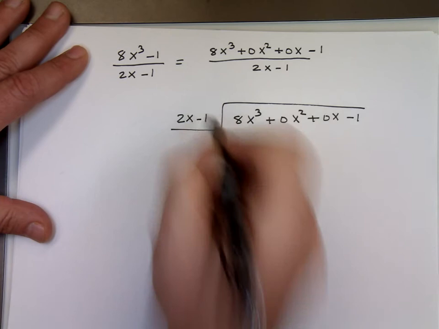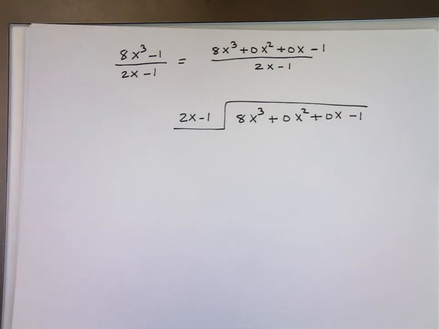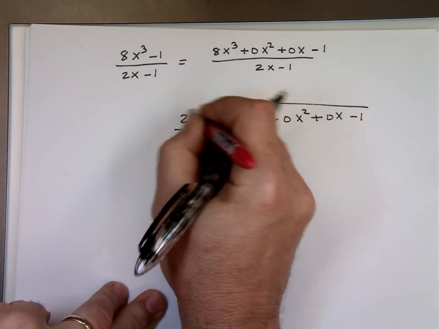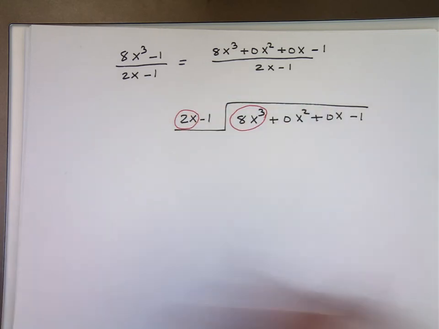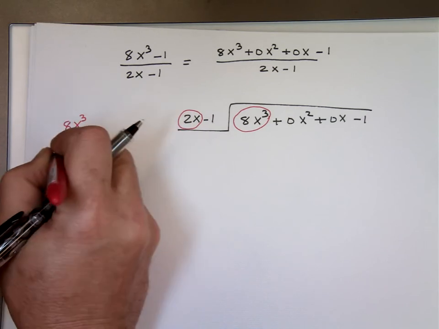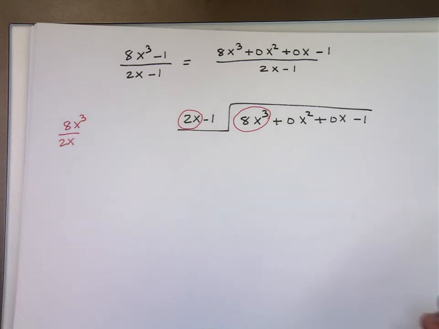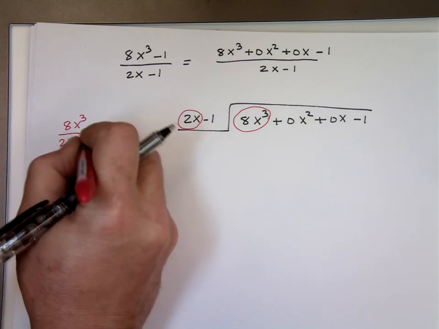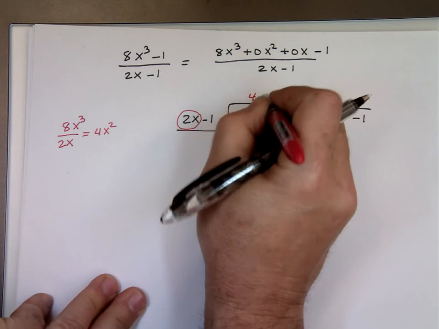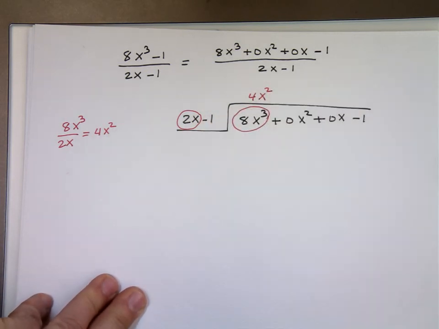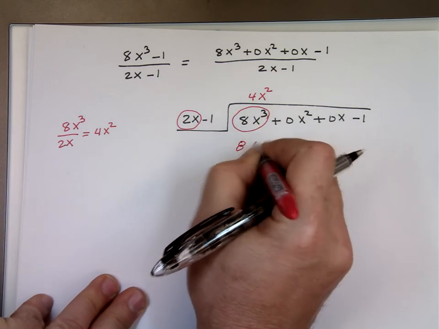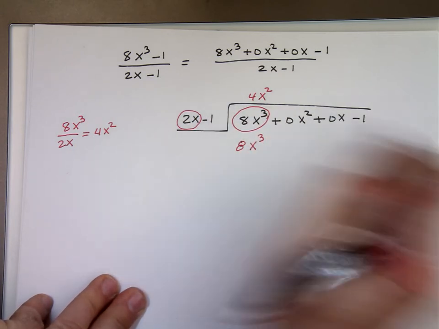And the first thing I'm going to do is try to divide this one by this one. What is 8x to the third divided by 2x? 4x squared. So let's put 4x squared here. And what is 4x squared times 2x? 8x to the third. What is 4x squared times a negative 1?